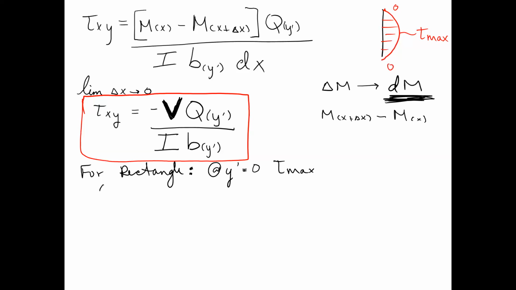So for the rectangle, we have Q equals y bar A prime.